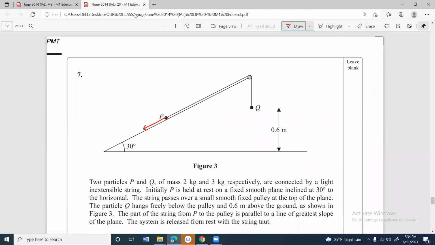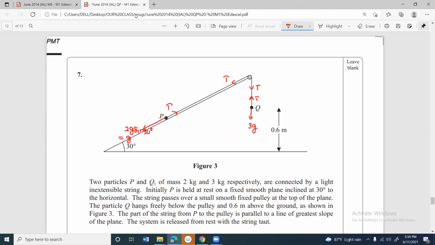Therefore, you can write 2g sine 30. Sine 30 is half, 2 times a half, so that gets cancelled, it's g. And the tension comes to this side, and here the tension also this side. And here the weight is 3g.